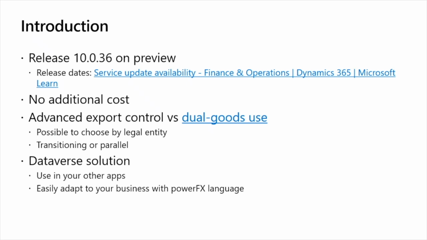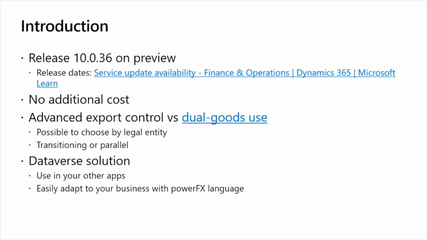It comes with no additional cost. This means that it is there for you. It's included in your Dynamics licenses, and you'll see later it's a Dataverse app. So there's no charge whatsoever for the use of the app. It will still consume storage in your Dataverse, same as if you had any other app on Dataverse.